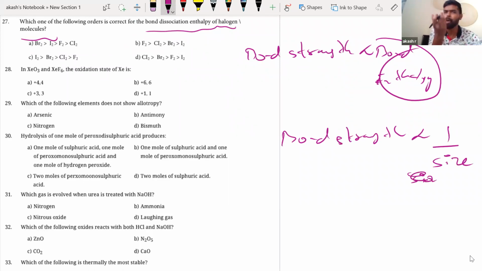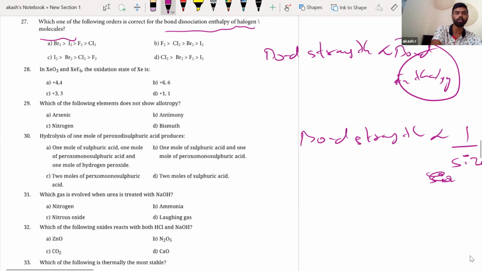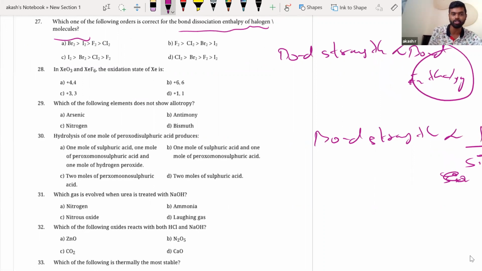That means smaller atoms form stronger bonds. As simple as that. Smaller the atom, stronger the bond. So in F2, Cl2, Br2, I2, F is the smallest, I is the biggest, so this would be the answer to this question. Smaller size, more strength. More bond strength, more enthalpy, more energy to be supplied.